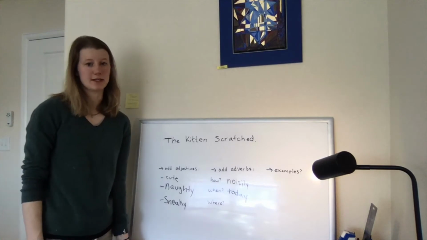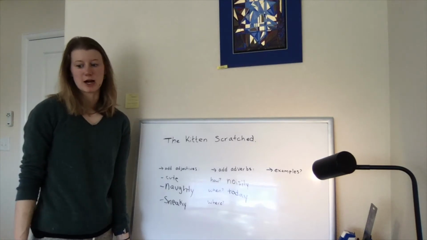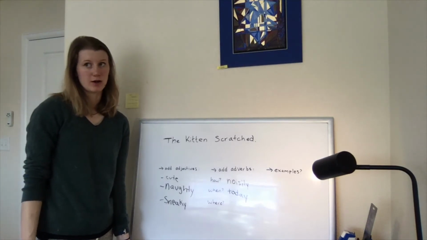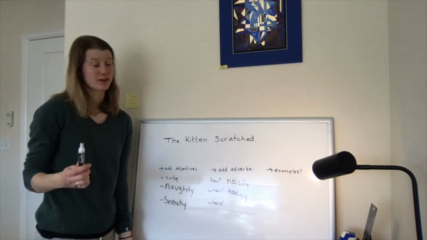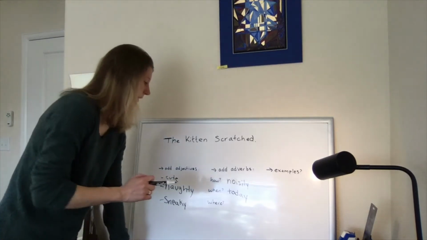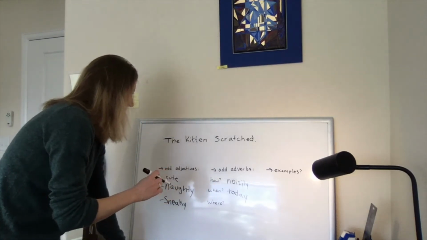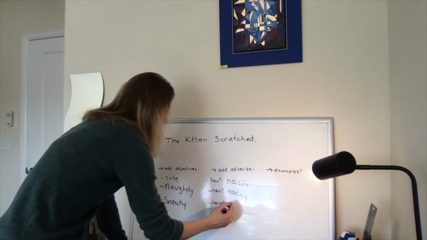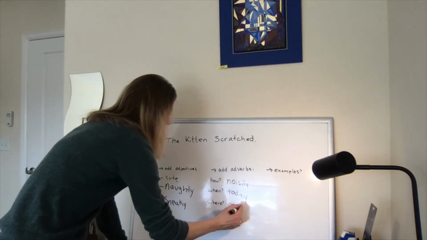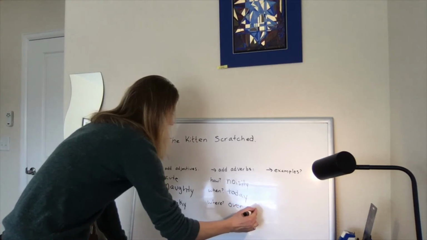Where did the kitten scratch? Did it scratch here? Did it scratch there? There are a bunch of different adverbs that you can add for where. I'm going to just keep it simple for now, and I'm going to say the kitten scratched over there.